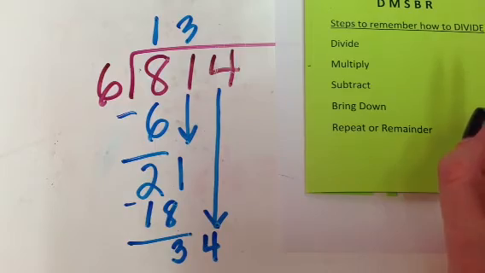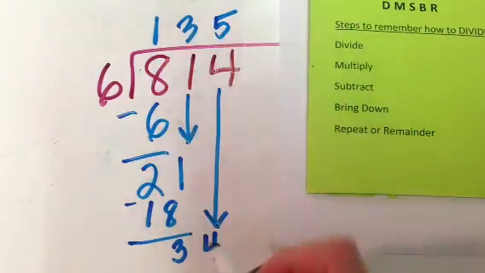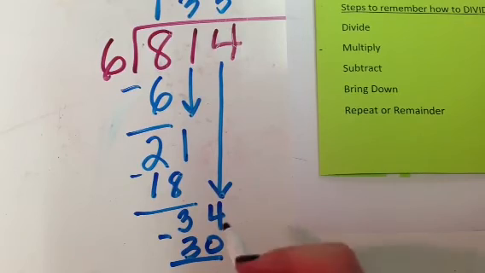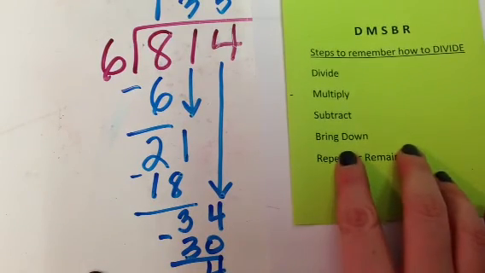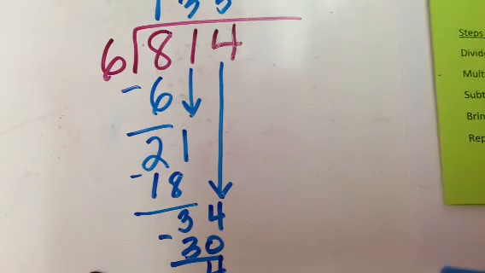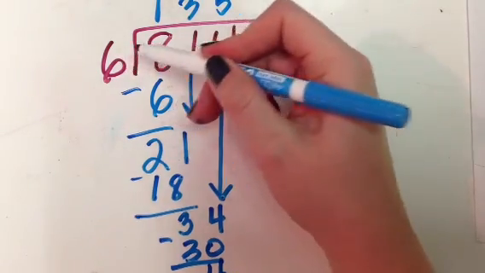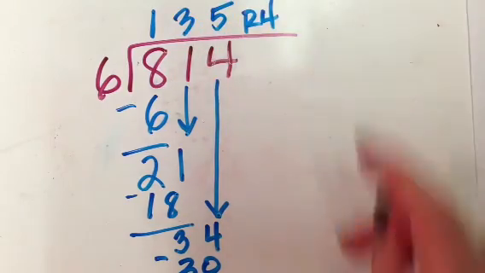Well, I know it can go 5 times because 5 times 6 is 30. That's my multiply step. And now I subtract again. I have 4 left over. So there's nothing more for me to bring down, and I can't repeat, so it must be my remainder. So my answer to 814 divided by 6 is 135 remainder 4.